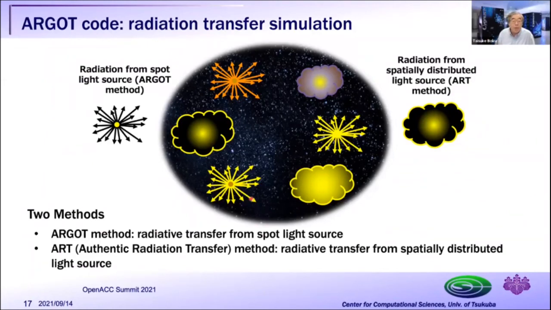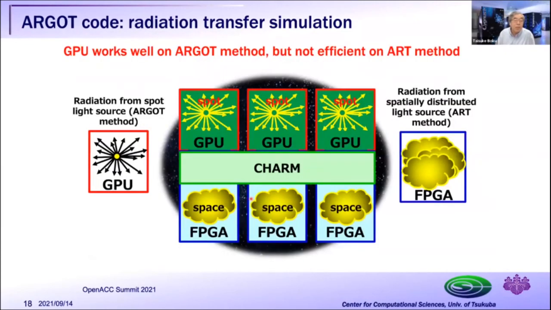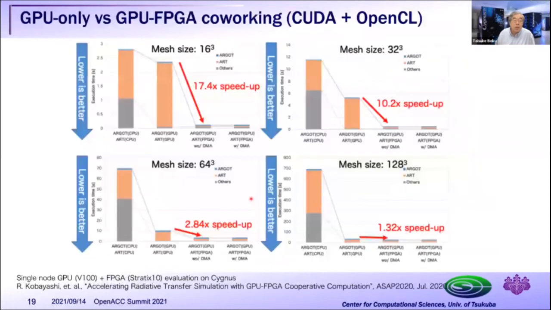It is very complicated to match with physical simulation. We found that some part of the computation method inside ARGOT is very suitable for GPU, but another part is not suitable, and its performance is degraded to about 10% of the suitable part. So we applied FPGA computation here, and currently we have a very good result. This is one example according to several problem sizes.